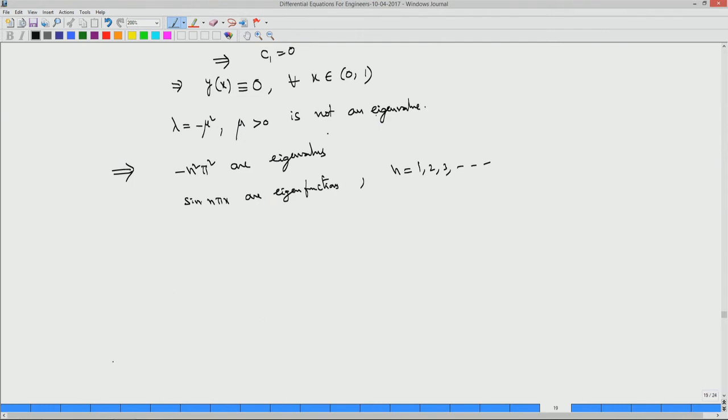So, you found only the first step. What is the second step? You can actually verify these eigenfunctions.